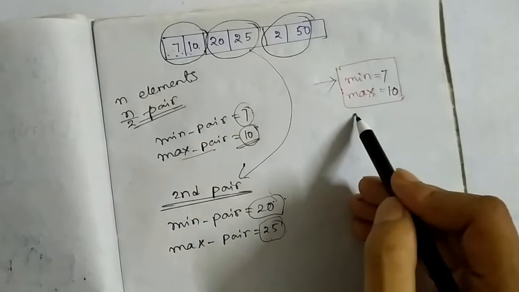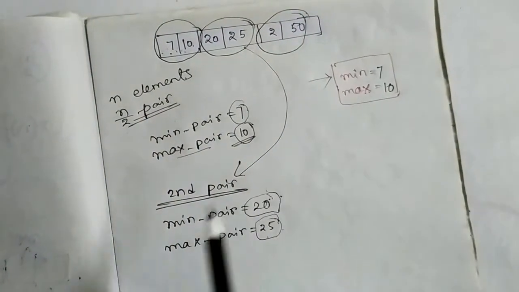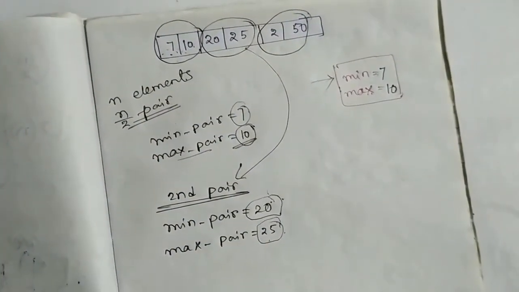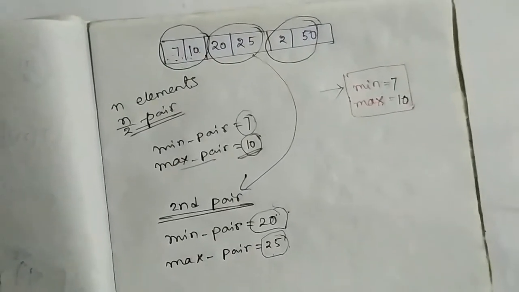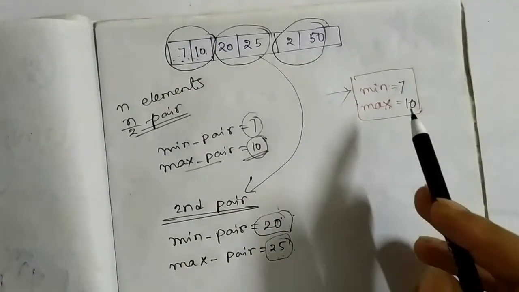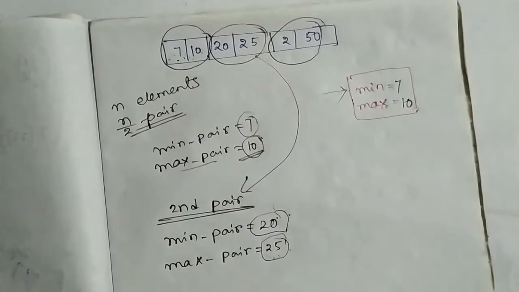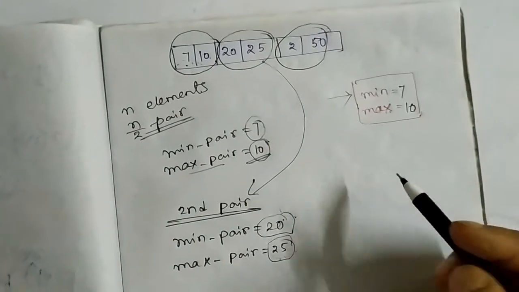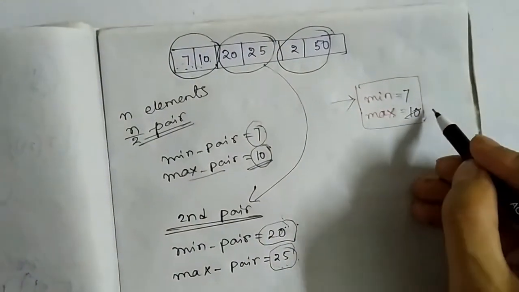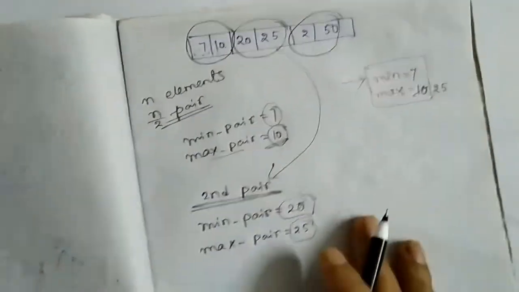In the structure variable, the minimum and maximum are the representatives of the minimum and the maximum of the entire array. 25 is greater than 10, so 25 is eligible to become the maximum of the entire array. So I will replace 10 by 25.